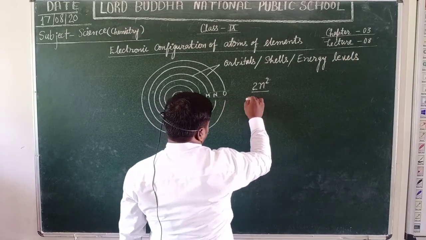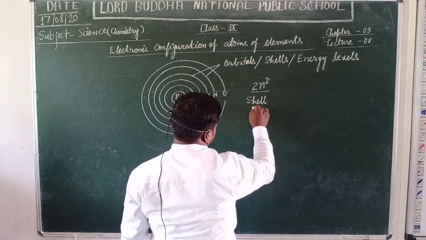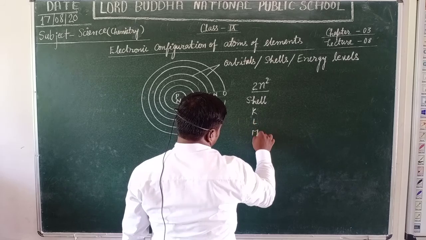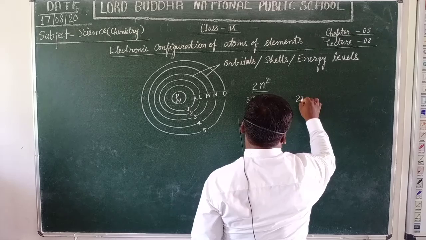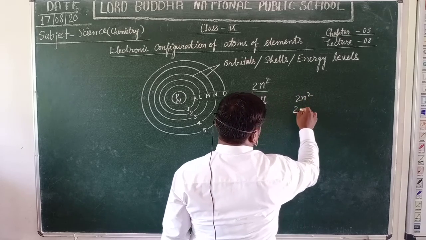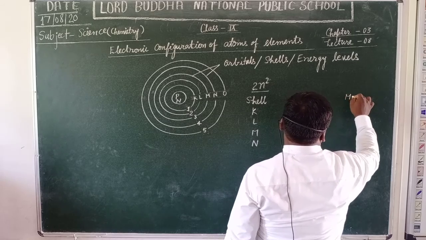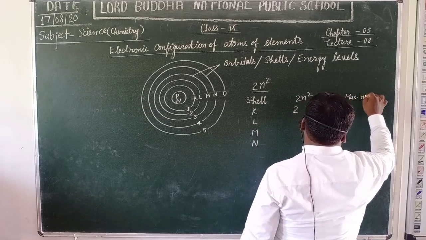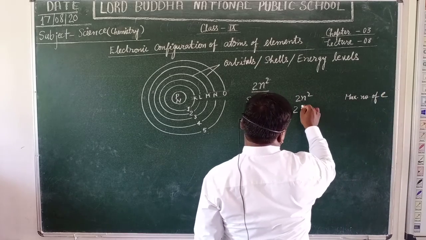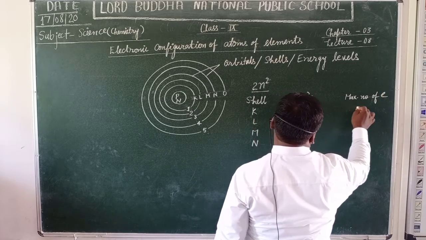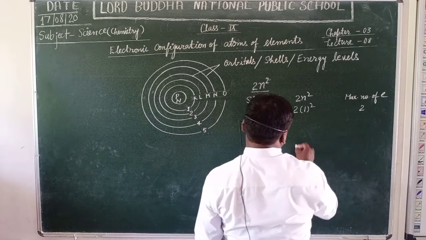If we take the shells K, L, M, N and compare with the formula 2n square, then the maximum number of electrons can be determined as follows: in the K shell there exist 2 electrons.